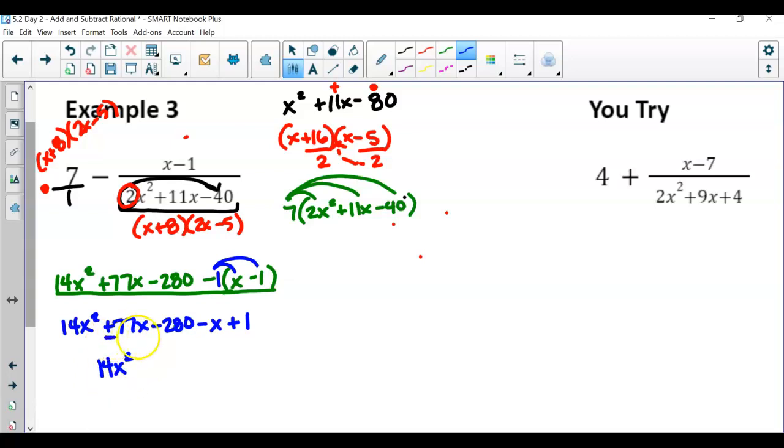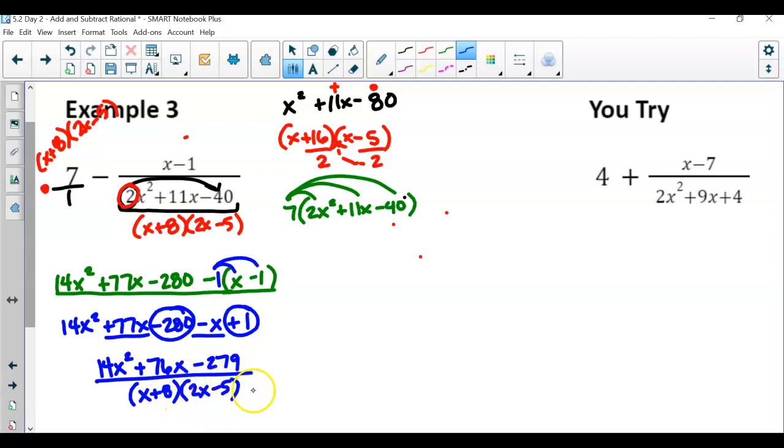Then 77x minus x, 76x. Then negative 280 plus 1, negative 279. Over, I'm going to write in factored form, x plus 8 times 2x minus 5. Now this cannot be factored, so this is our final answer.